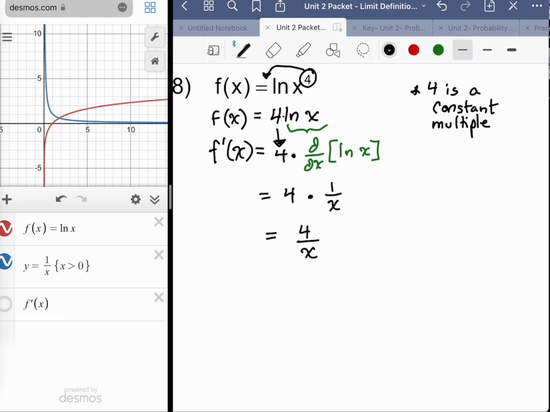So we differentiate around constant multiples. All right, so we applied one log rule and one basic derivative rule, and that was it.